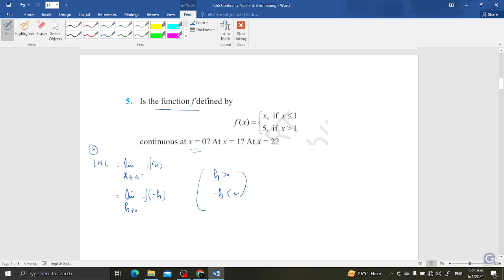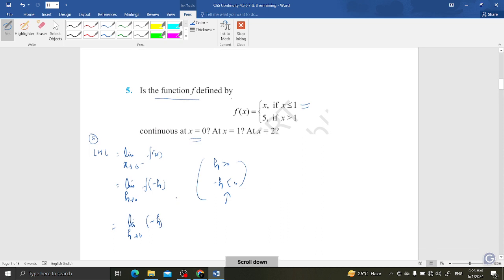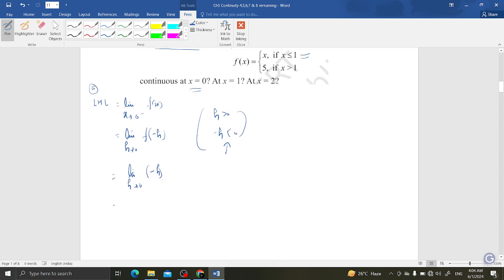So in which branch does this minus h lie? It lies in the first branch. So we have limit h tends to 0 of minus h simply. Now if we apply the limit, we get LHL equal to 0.